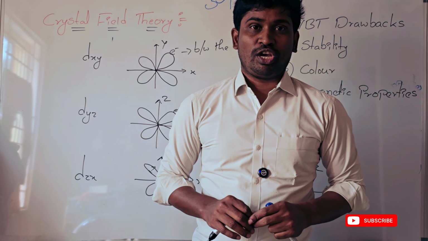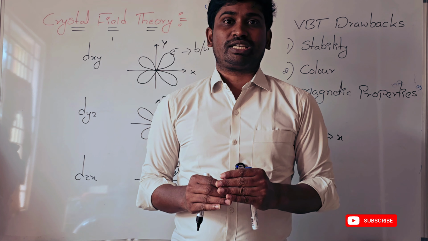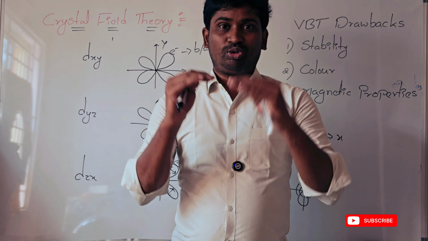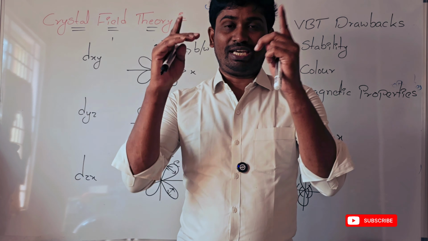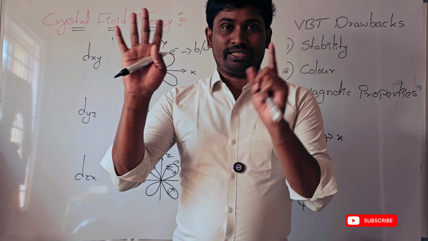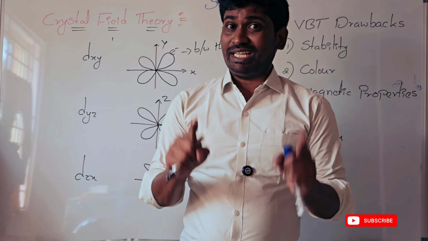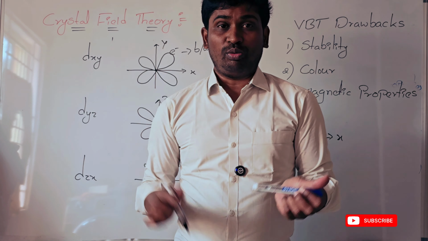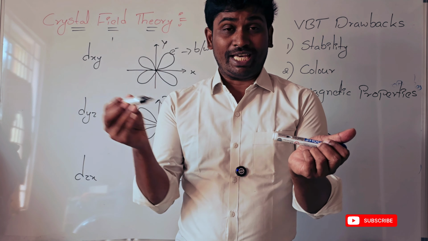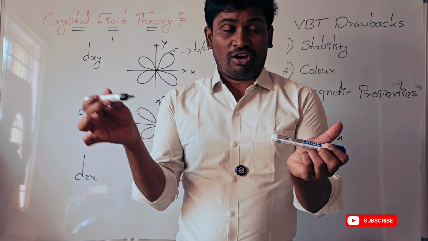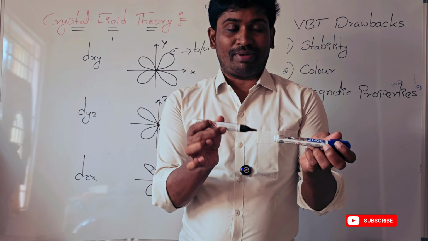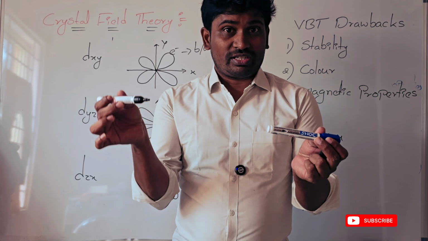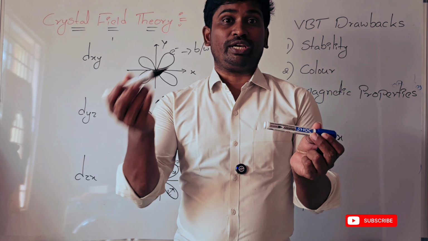Due to these repulsions, the 5 d orbitals split into two energy levels, t2g and eg. The splitting depends on how the ligand approaches the metal atom, along the axis or between the axes.